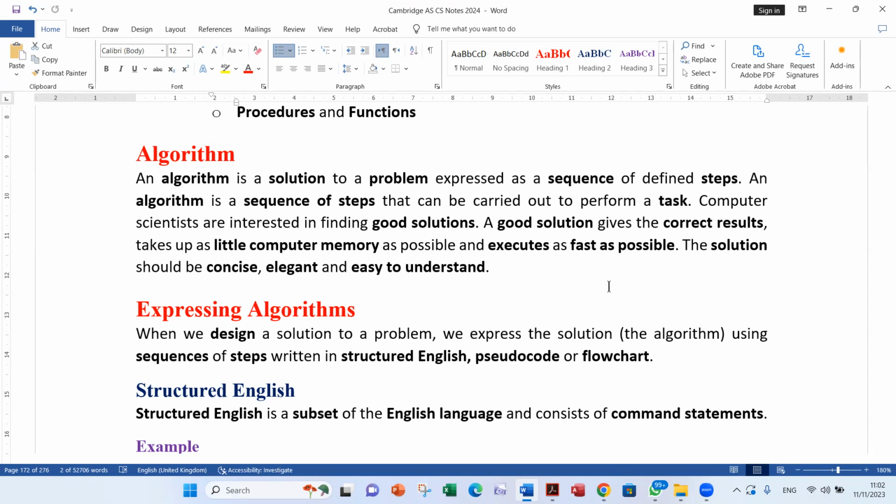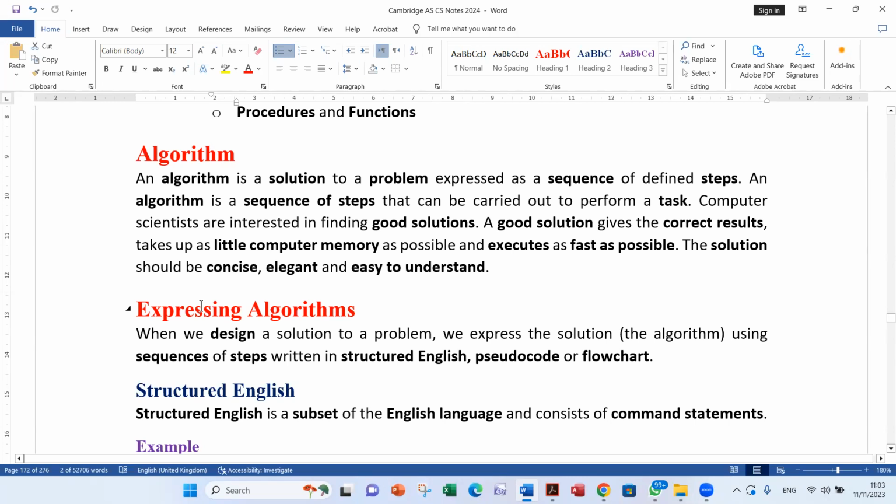The coding is writing Python, but an algorithm is a sequence of steps. An algorithm will be in one of three forms: structured English, pseudocode, or flowchart. Okay? We said that before.